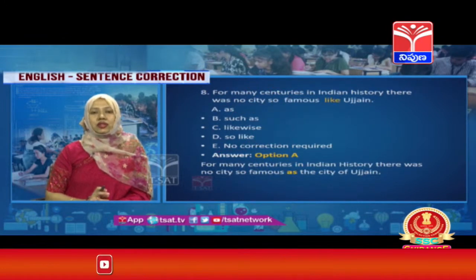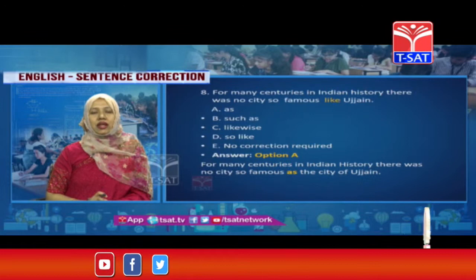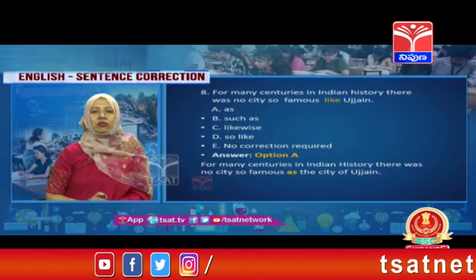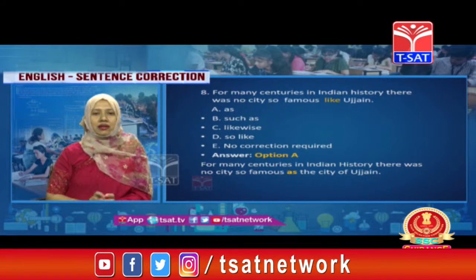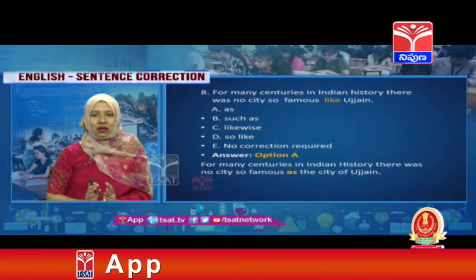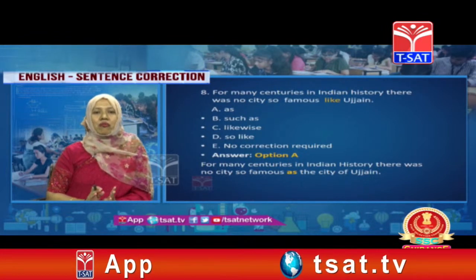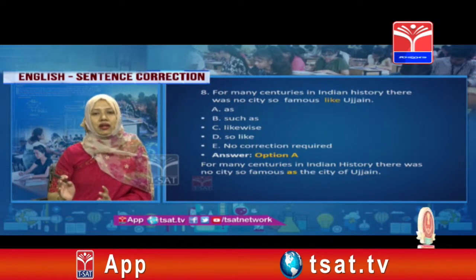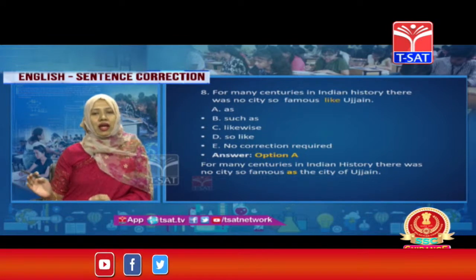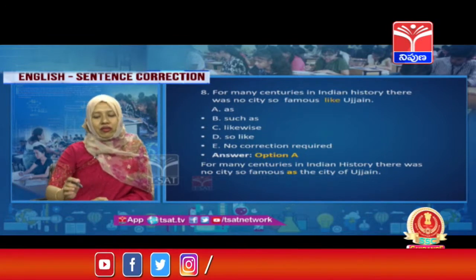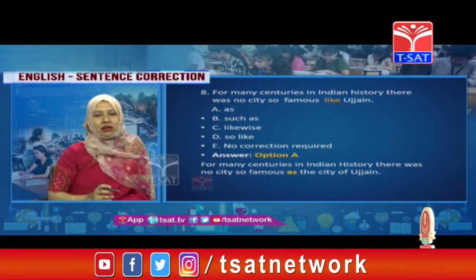For many centuries in Indian history, there was no city so famous like Ujjain. Now, in this sentence, read carefully. There is a word highlighted in the sentence, like.